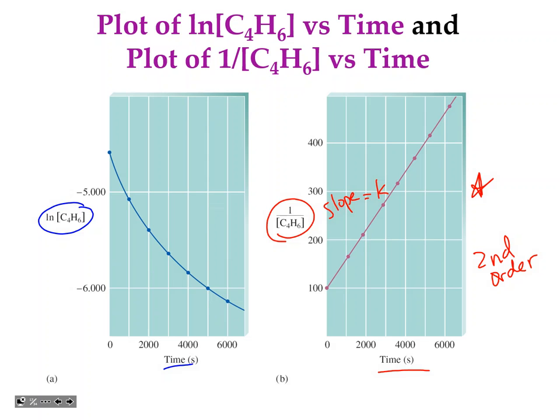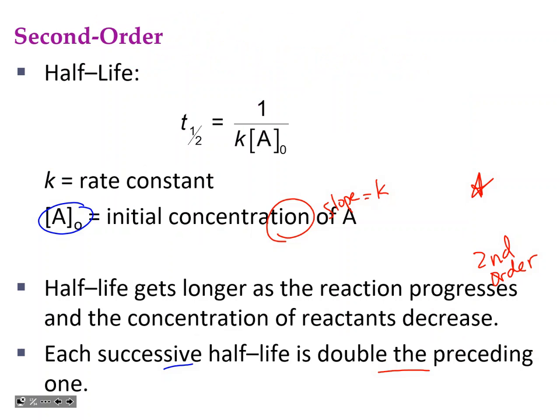The linear relationship, yeah. All right, so you can write this down, but really we don't use this formula. It is the half-life formula for second order. What you can do also is derive it from the main formula. However, they're not going to ever have you calculate any second order half-lives.